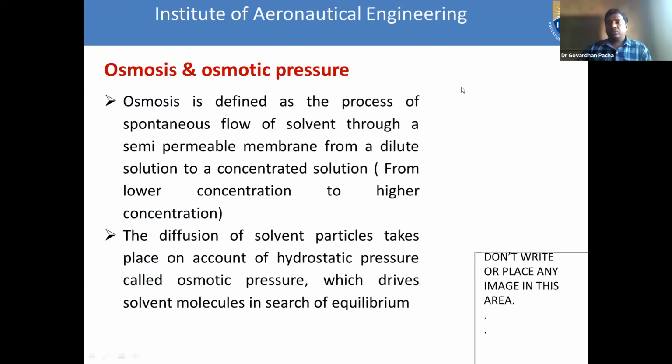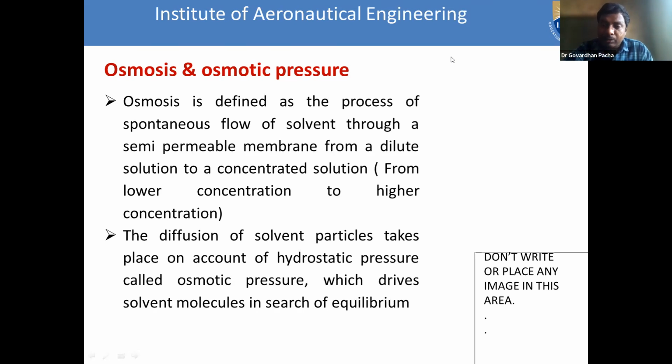Okay, ma. So see osmosis and osmotic pressure. Osmosis is defined as the flow of the solvent molecules from lower concentration to higher concentration when both are separated by a semi-permeable membrane.